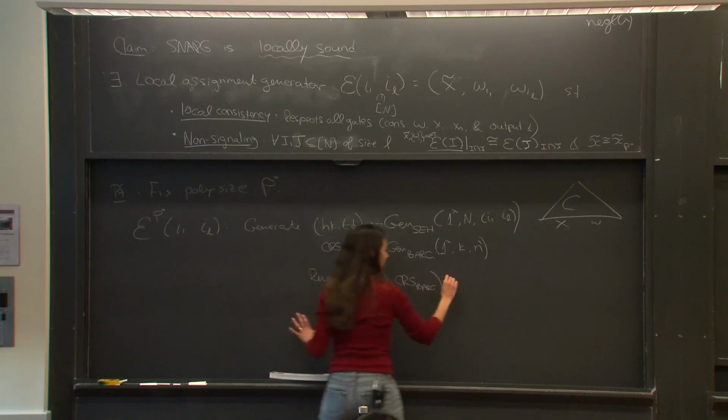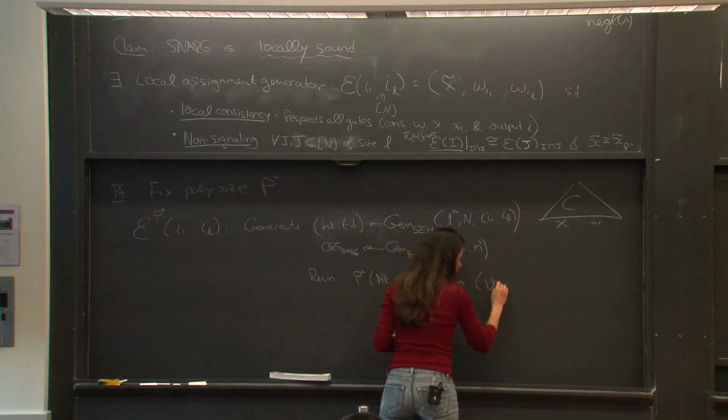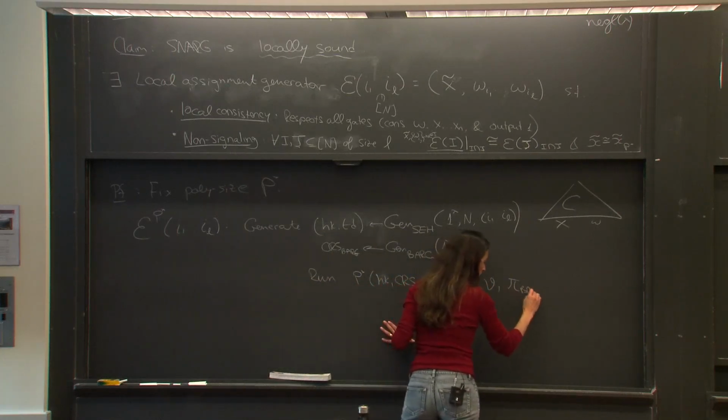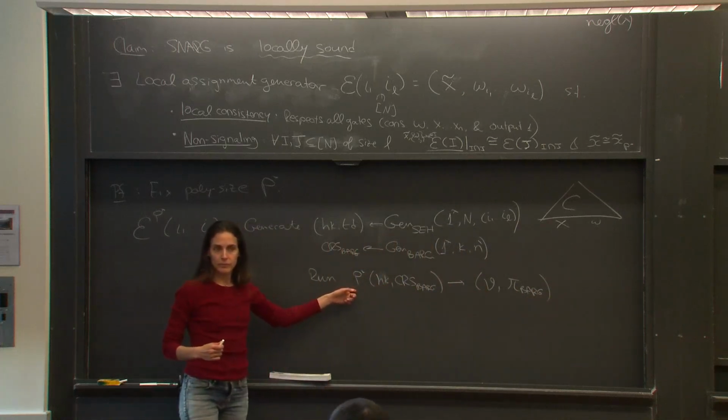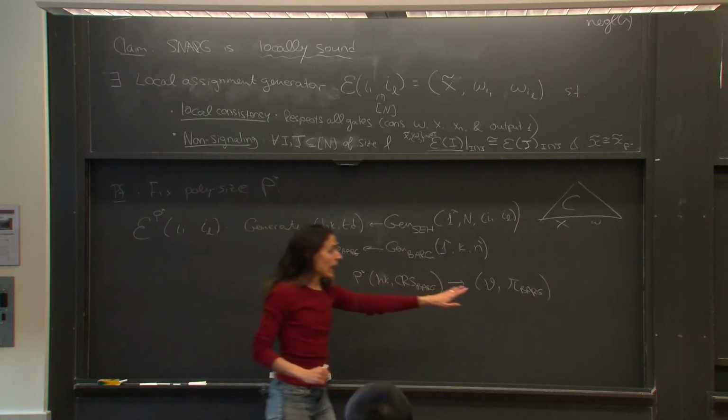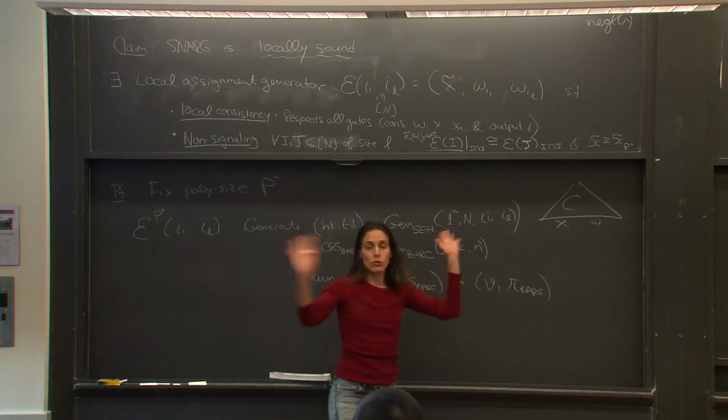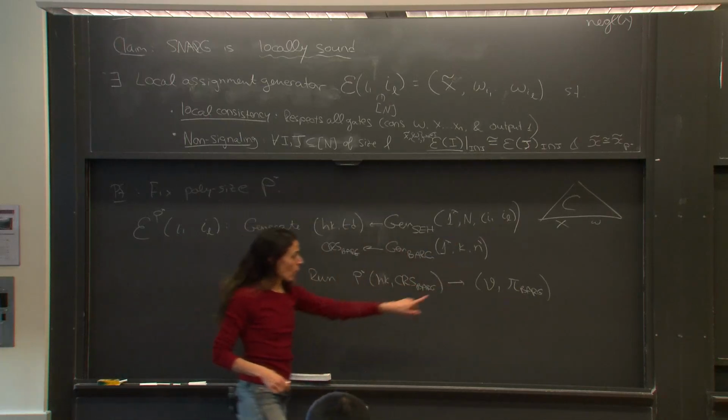And he gets V and pi barg. That's what P star gives you. Now, if this is rejected, start again.